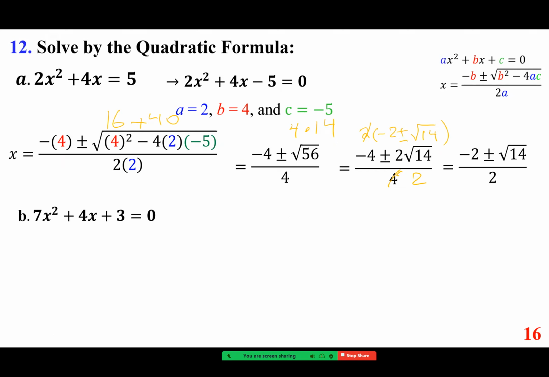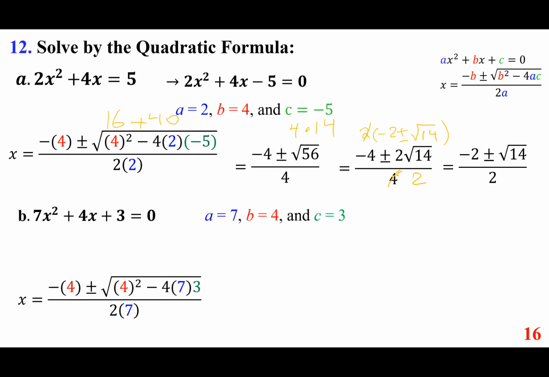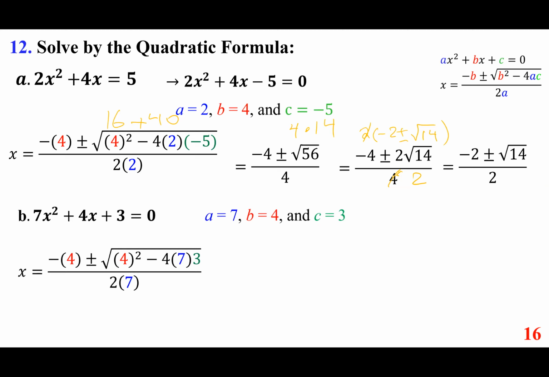A is 7, B is 4, C is 3 in part B. Plug it again into the formula. And we need to simplify.